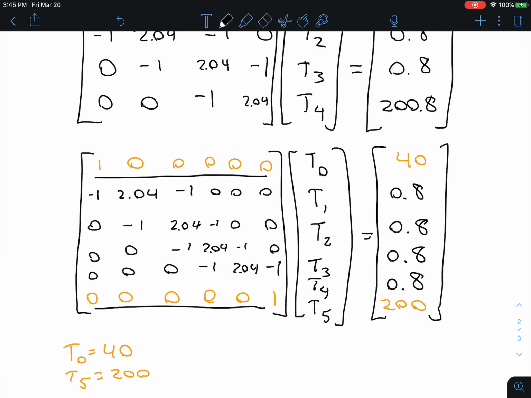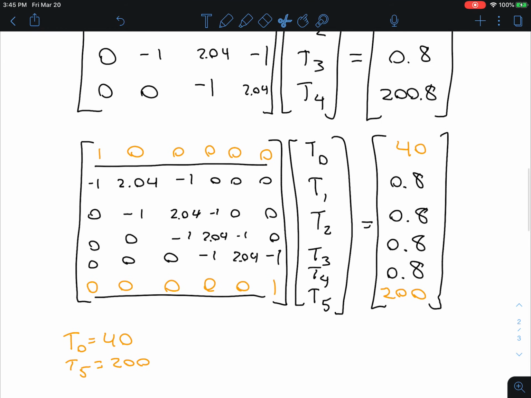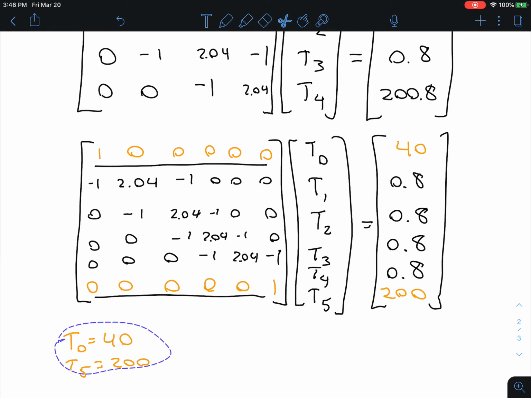So what we've done is taken a problem that was originally a 4x4 matrix problem, and changed it to a 6x6 matrix problem. But what we gain from that is a relatively simple pattern. Rather than having to think about known quantities that I have to move to the other side, I can just treat my known quantities as very simple equations.